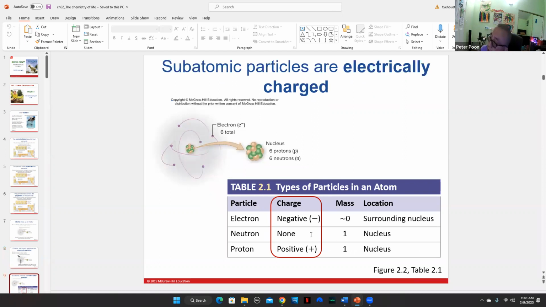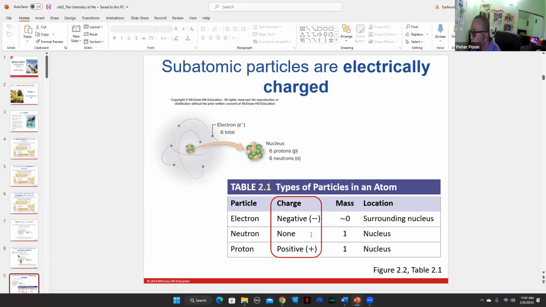Protons have a positive charge. Electrons have a negative charge. Neutrons, by definition, are neutral and they have no charge. In terms of mass, protons have a mass of one AMU, atomic mass unit.